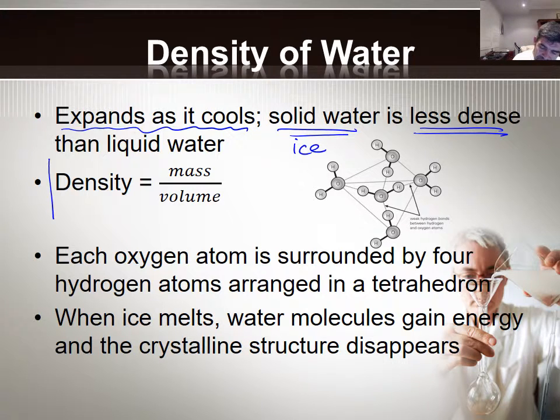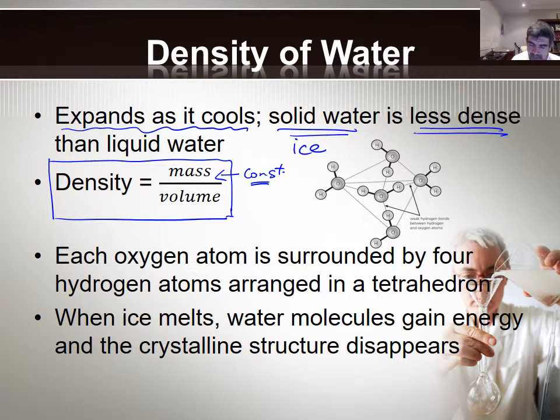If we remember that density is equal to mass divided by volume, then for a given mass, which must remain constant, the relationship must occur between density and volume. So if we've got a certain amount of mass being packed into different amounts of space, that would account for the density.